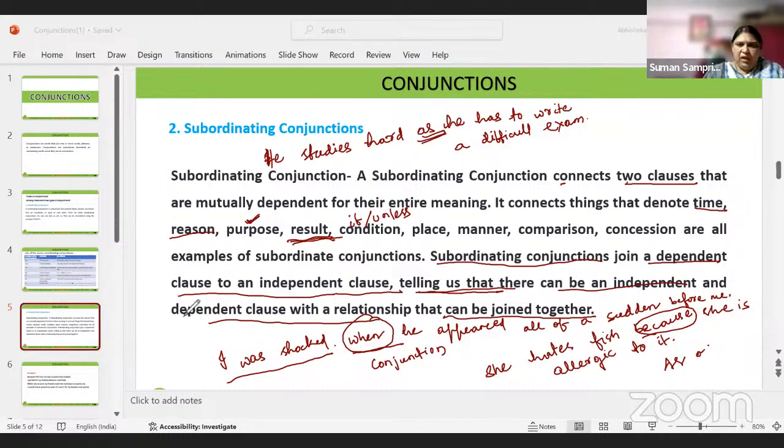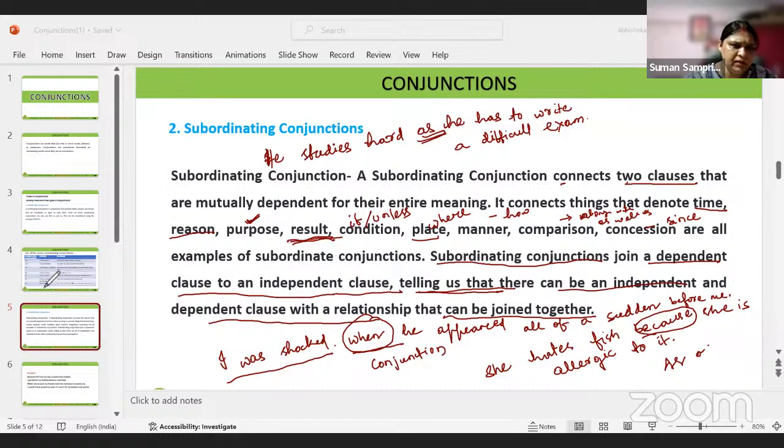Then place: where; manner: how; comparison, like what we say along with, as well as. Concession will be sincere. Okay, so these are examples of your subordinating conjunction.